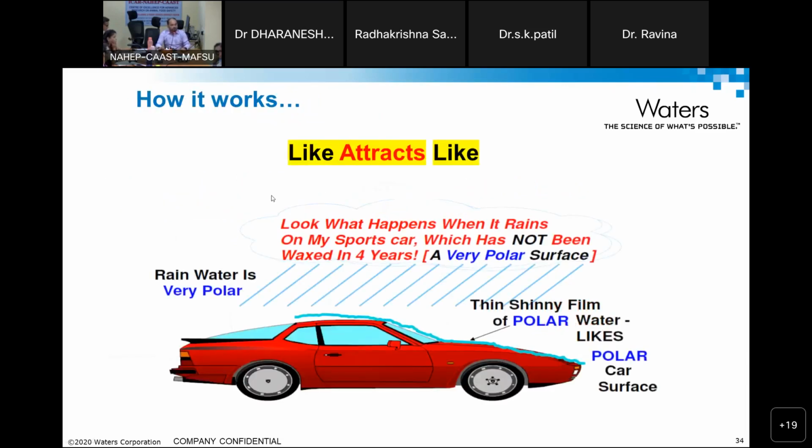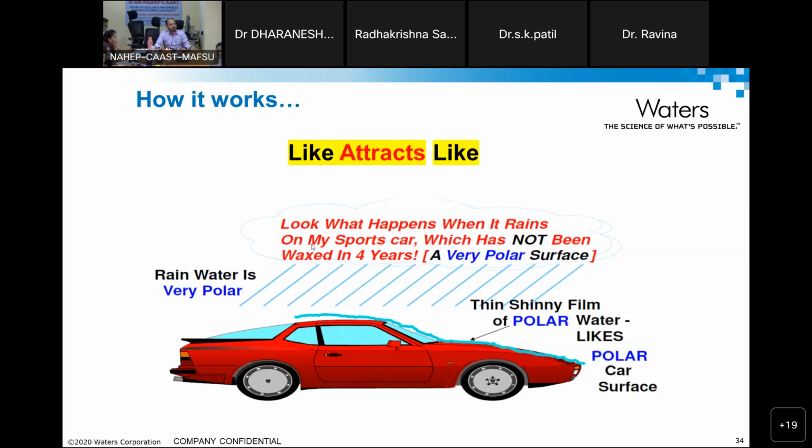So how does it work? The basic phenomenon in chromatography is like attracts like. Suppose your surface is polar in nature, then it will attract the more polar compounds from the sample. Now let's take a look at this car. As we know, water is polar in nature.